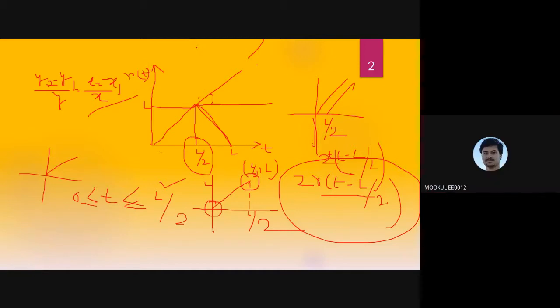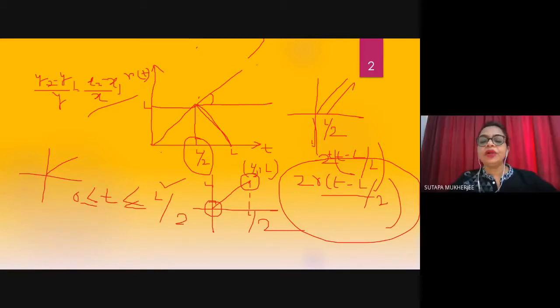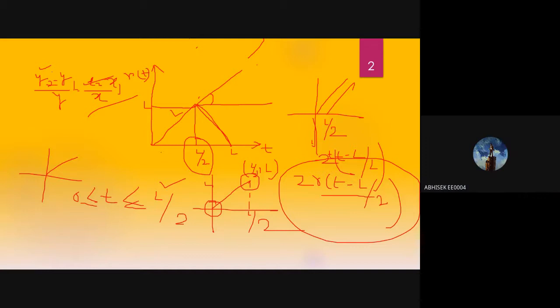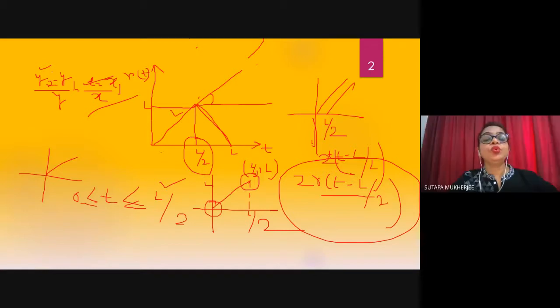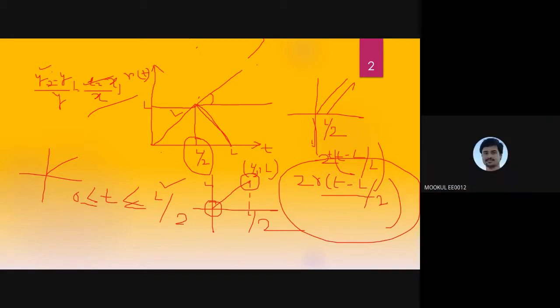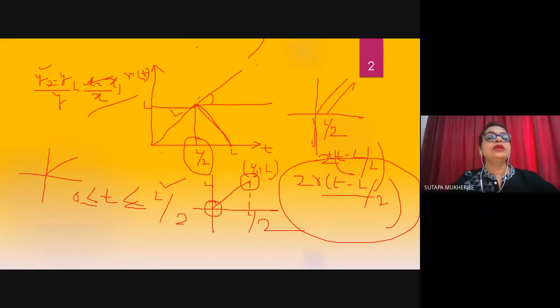Yes, ma'am. L. And what is the coordinate of this one? 0, 0. So y2 will be what? y2, not y1. And then y2 will be L. L, exactly. y2 is L. And y1 is 0 because this is 0, 0.